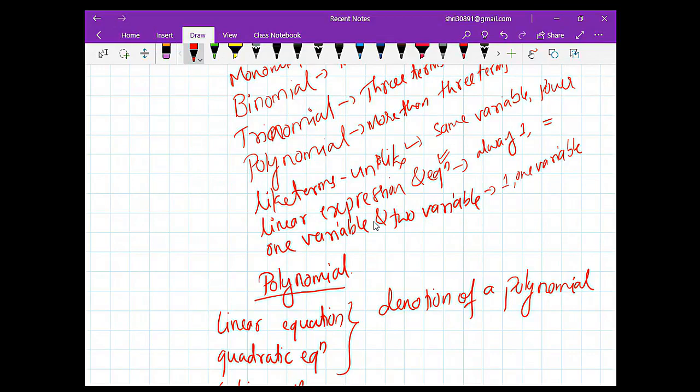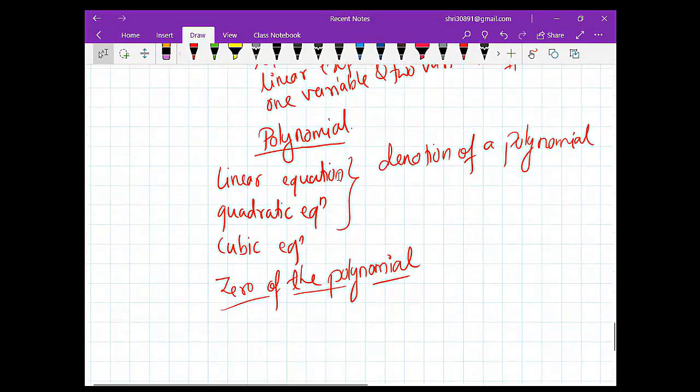If the power of the variables is 1 and two variables are there, then it is a two variable expression and equation. So in tomorrow's class we will learn clearly the concept of linear equation, quadratic equation, cubic equation, and zero of the polynomials.